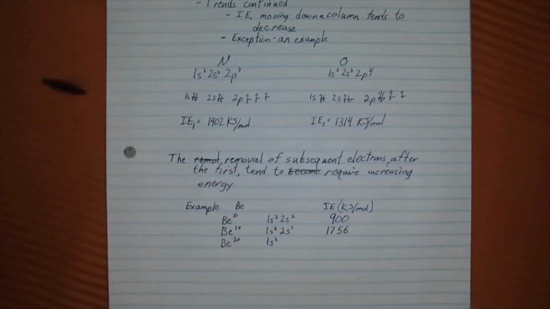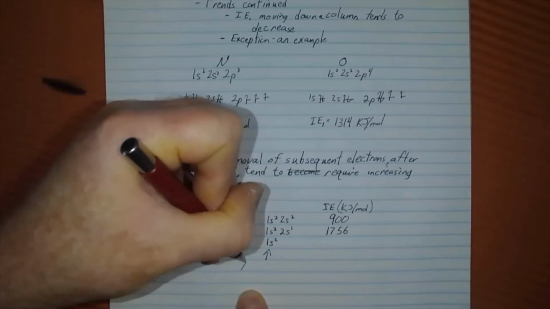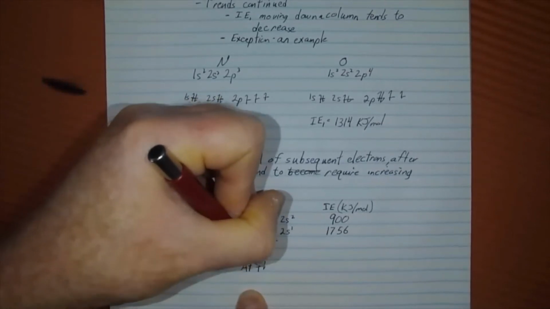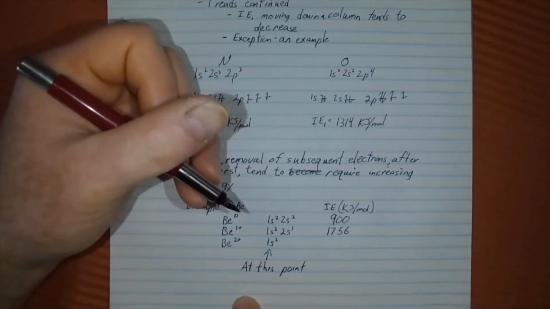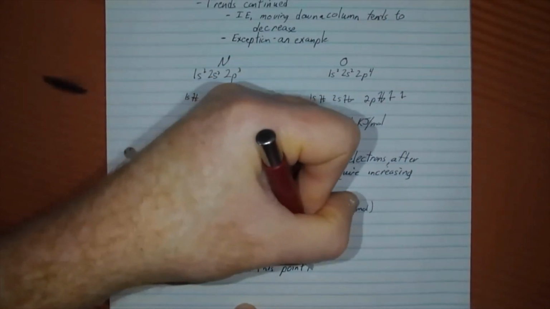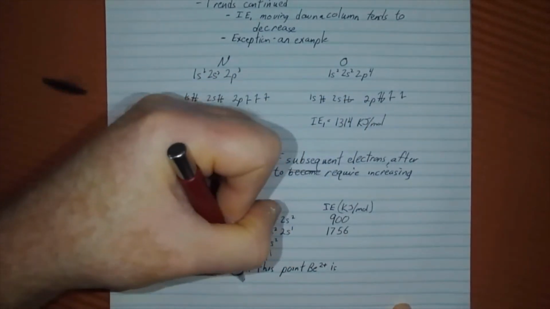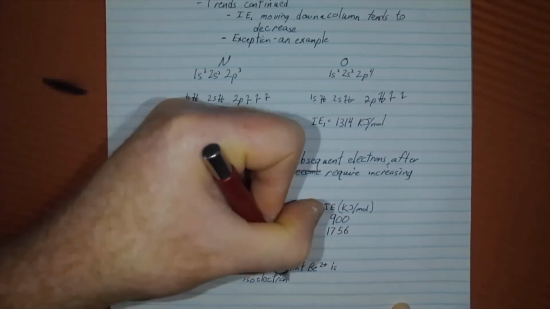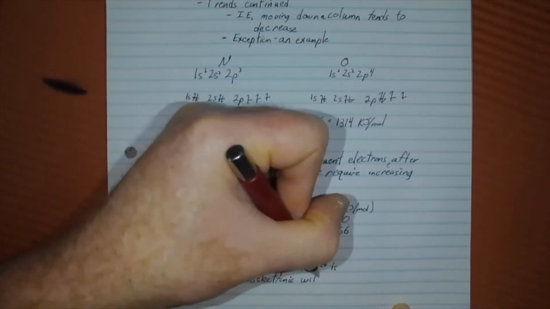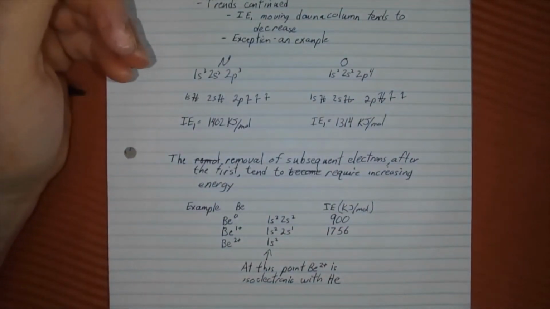And then beryllium is at an isoelectronic point: Be2 plus is isoelectronic with noble gas helium.